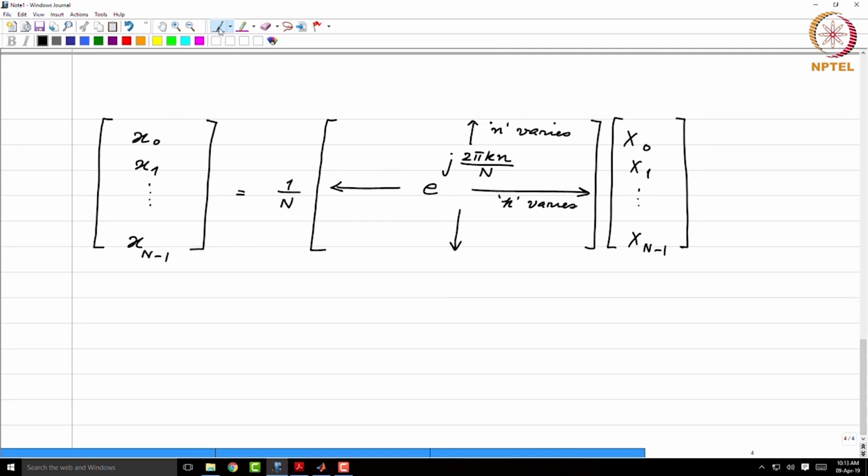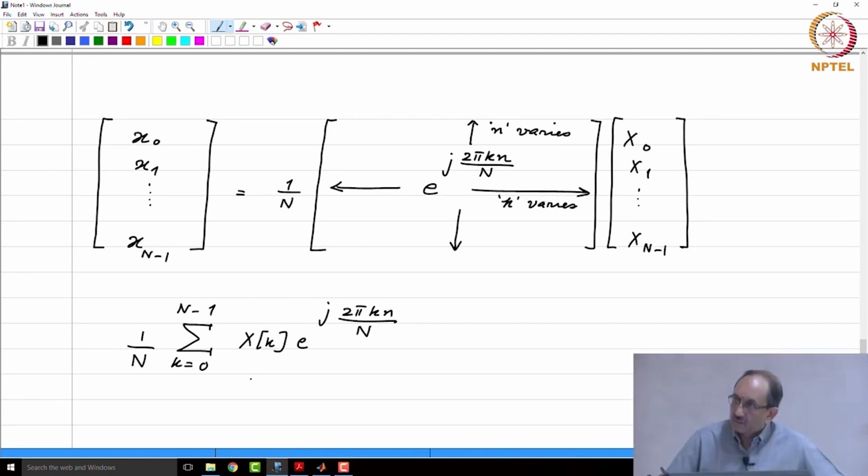And you can easily verify that the inverse transform that was given to you without any explanation really follows from the fact that the DFT matrix W has this inverse, and hence 1 over n x of k e to the j 2 pi k little n by cap N, this is the definition of the inverse Fourier transform.